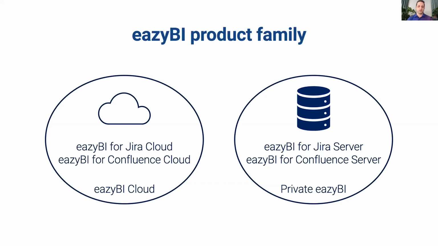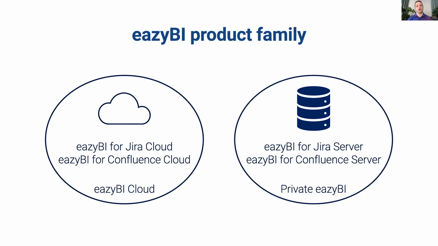I mentioned that one of the differences is how we connect to the data sources, and this is the main difference. In cloud and also in private eazyBI, we use REST API to get data, but in server, in Jira and Confluence, we use Java APIs or direct database queries to gather data.